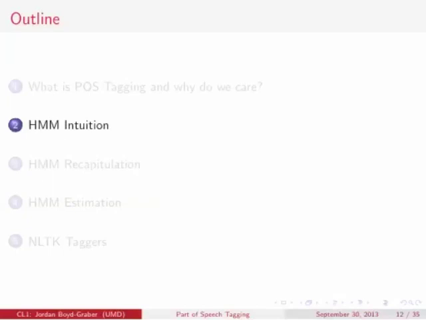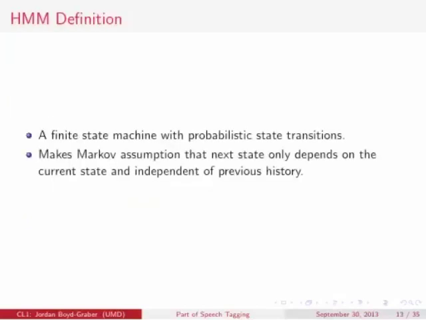So first, let's talk about the intuitions behind the hidden Markov model. A hidden Markov model is a lot like the finite state machines that we were talking about in the second lecture. But what's different is that instead of a deterministic process, we apply a Markov assumption, just like the Markov assumption that we talked about in language models in the third lecture, to the state transitions. And in this case, the states of our finite state machine correspond to the parts of speech.